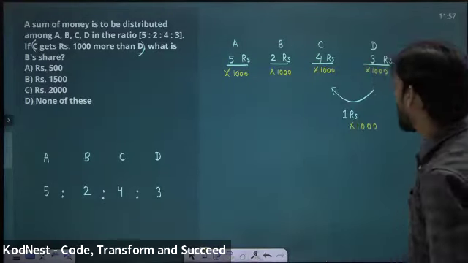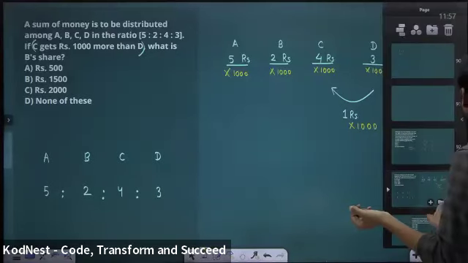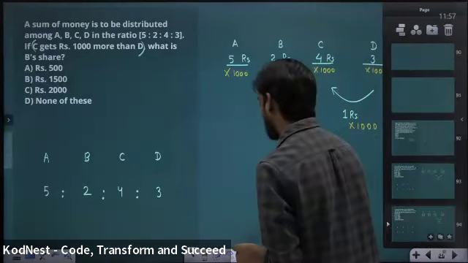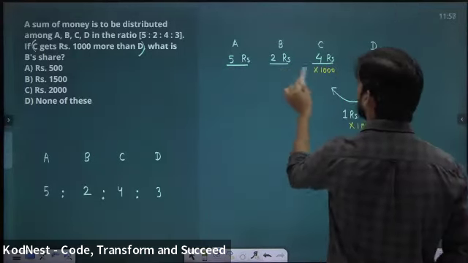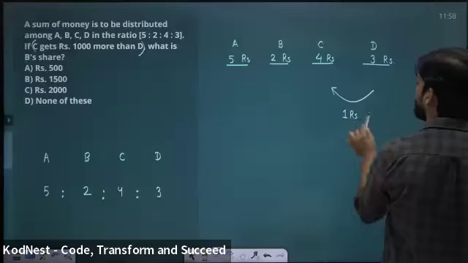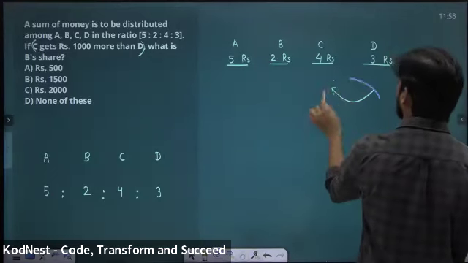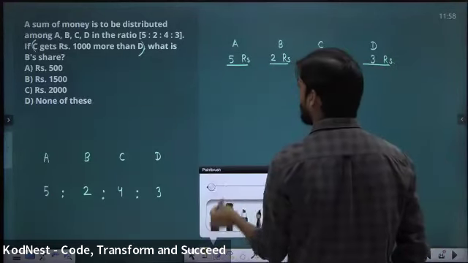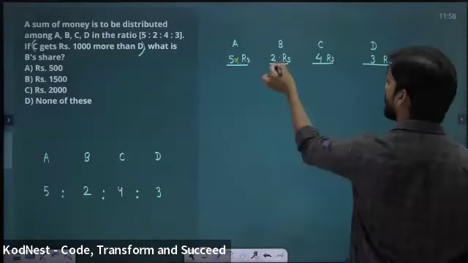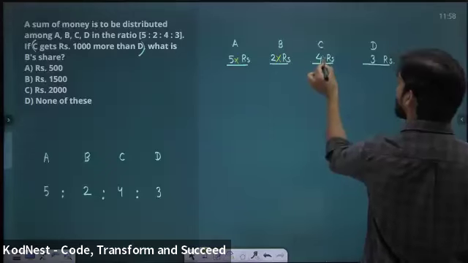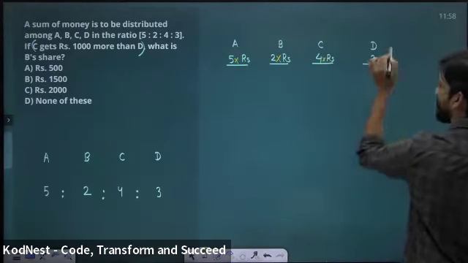If you go by the second way, you will take a variable. The second way is 90% similar. There, you will take an extra variable: 5 means 5x, 2 means 2x, 4 means 4x, and 3 means 3x.